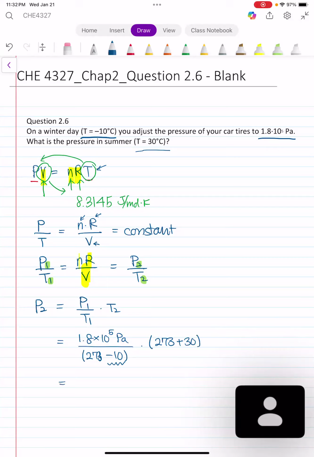Okay, so then you can calculate this. This is basically 1.8 times 10 to the 5 Pascal times 303 over 263. If you do that calculation, the answer should be 2.1 times 10 to the 5 Pascal.